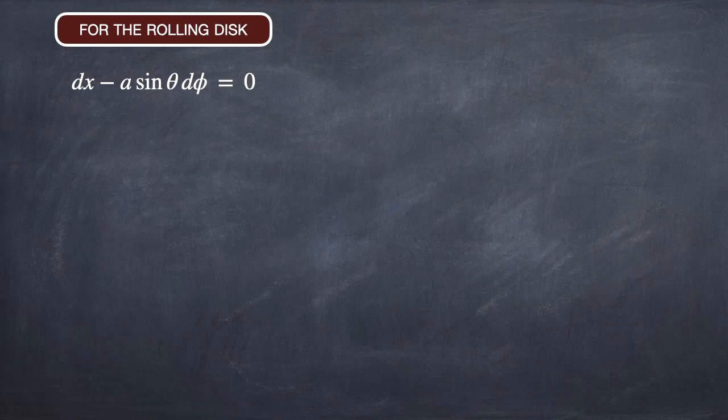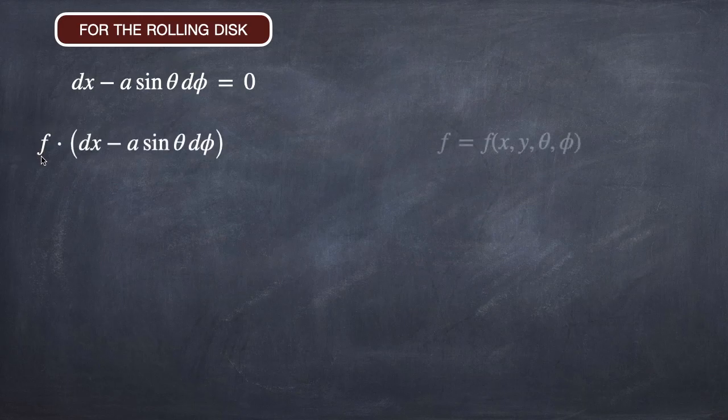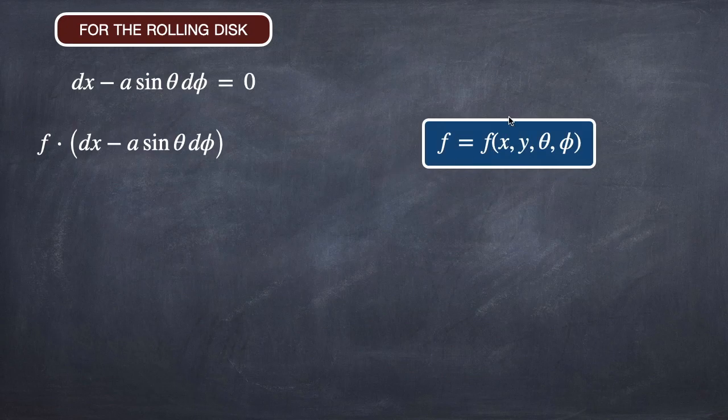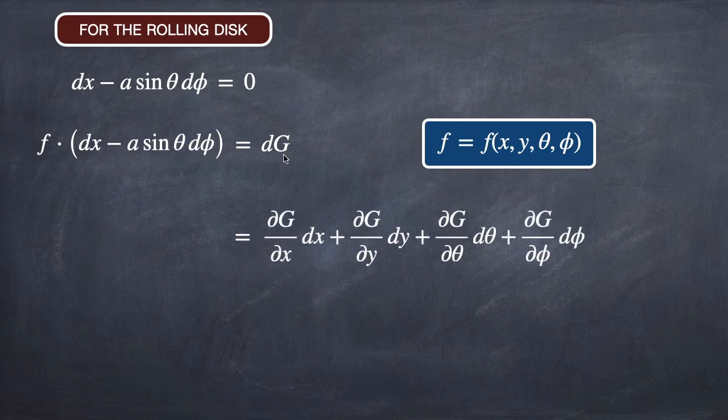So for the first differential equation of constraint for the rolling disk, we are going to multiply that by f, and this function f is a function of the coordinates of the system, which are x, y, theta, and phi. And this is equal to the exact differential dg, which we can write as del g del x dx plus the same for y, theta, and phi.